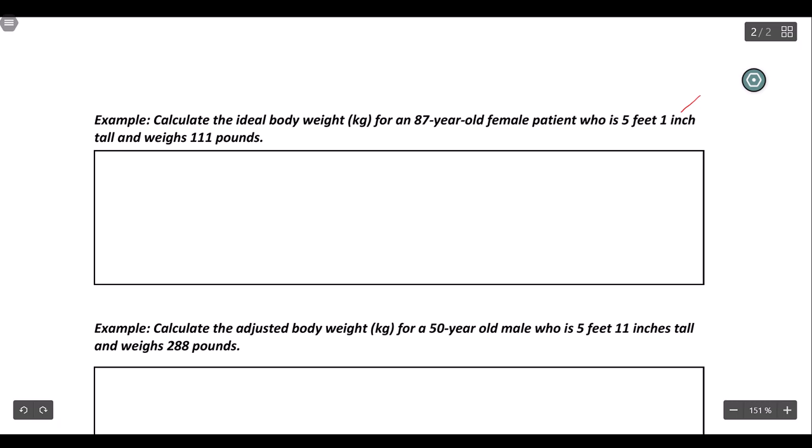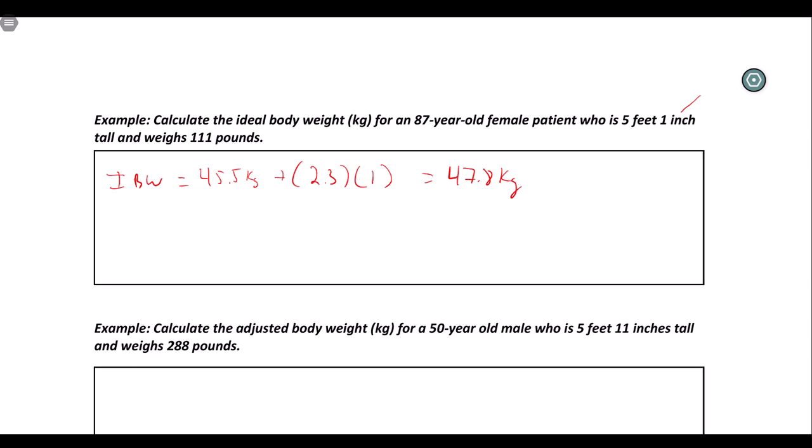So the ideal body weight is going to be equal to 45.5 kg, from the equation, plus 2.3 times the inches that she's over 5 feet, which is 1, which gives us 47.8 kg. So her ideal body weight is 47.8 kilograms.